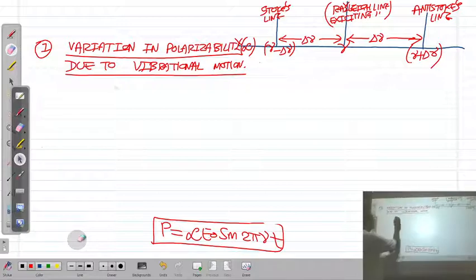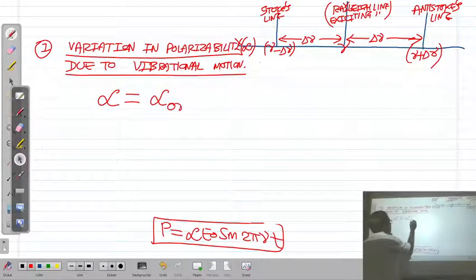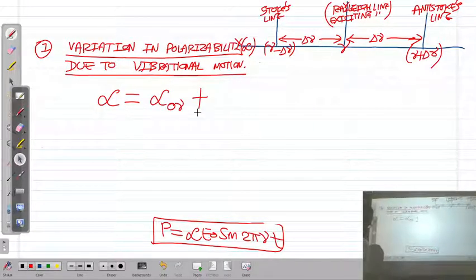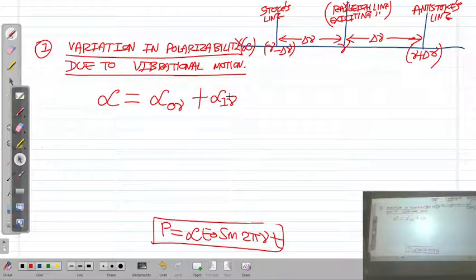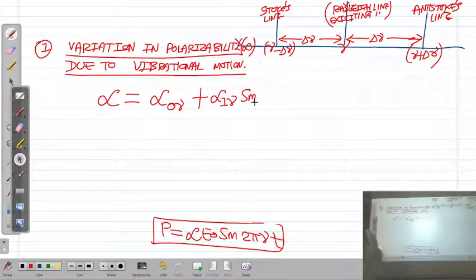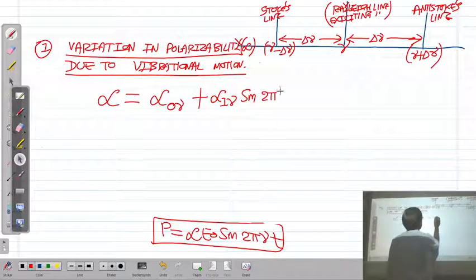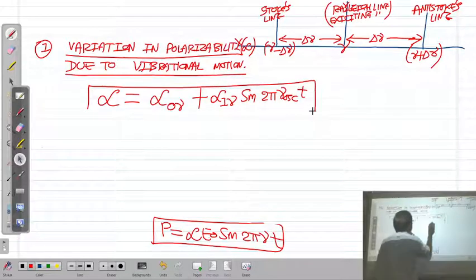The variation in the polarizability alpha of the molecule due to vibrational motion is given by alpha = alpha 0 nu + alpha 1 nu sin 2 pi nu oscillating t.